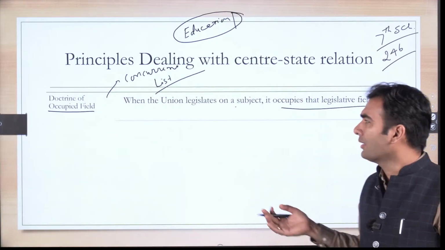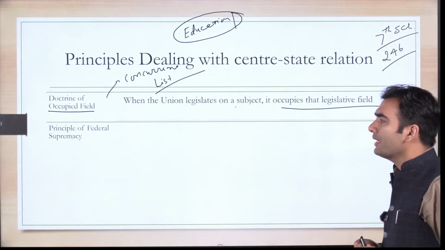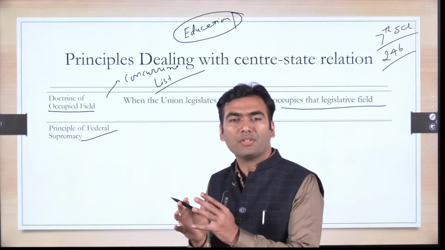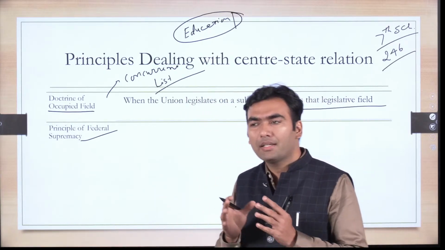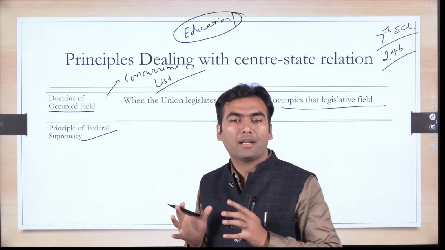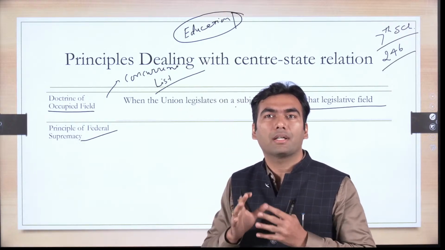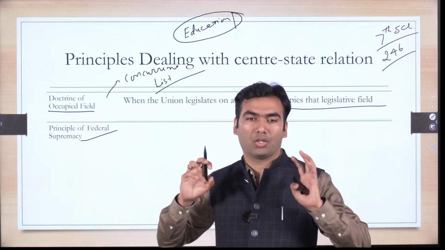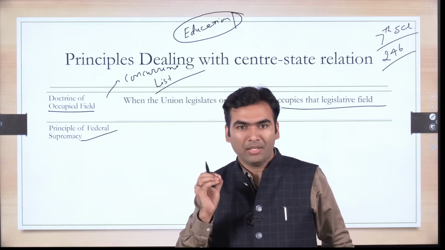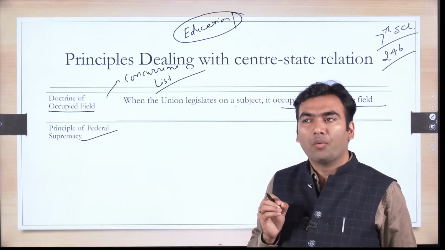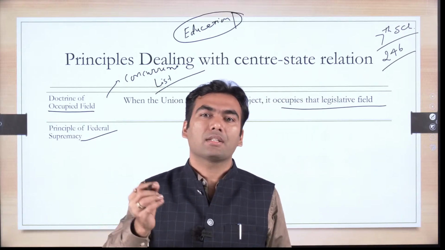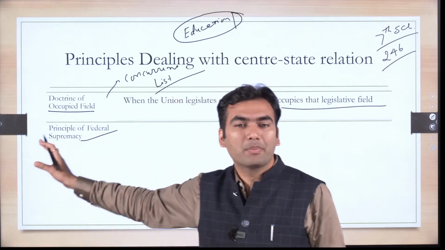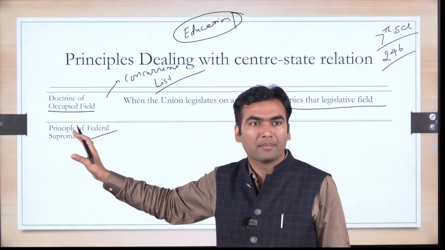Similar is another doctrine, the principle of federal supremacy. This is also saying the same thing, that in case the two laws made by center and state are contradictory to each other and both are competent to make that law. See, first, when one is competent and another is not competent, suppose the law is on the state list, then these principles are not applicable.